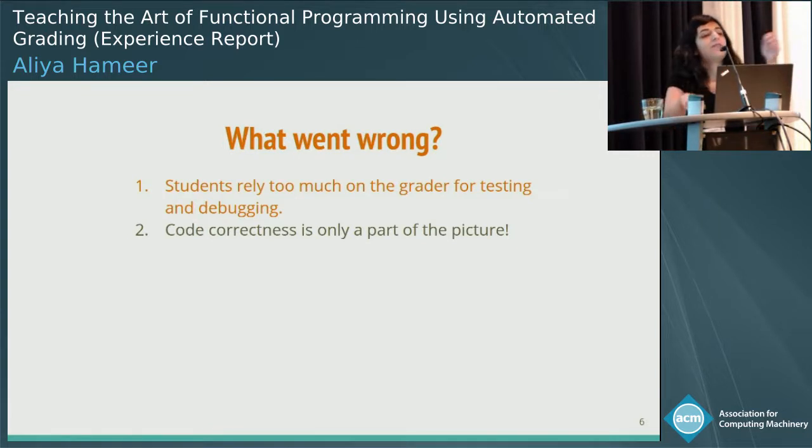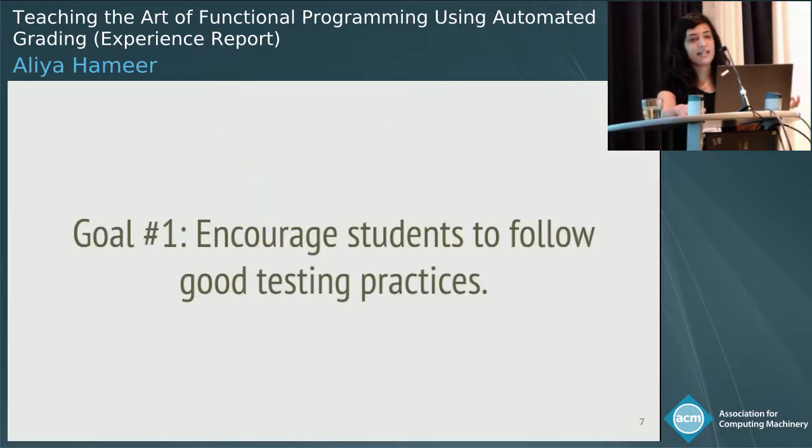But at the same time, one of our big goals is to teach our students about the importance of reading and fully understanding a specification, and encouraging our students to follow good testing practices and to value this as an important part of software development.